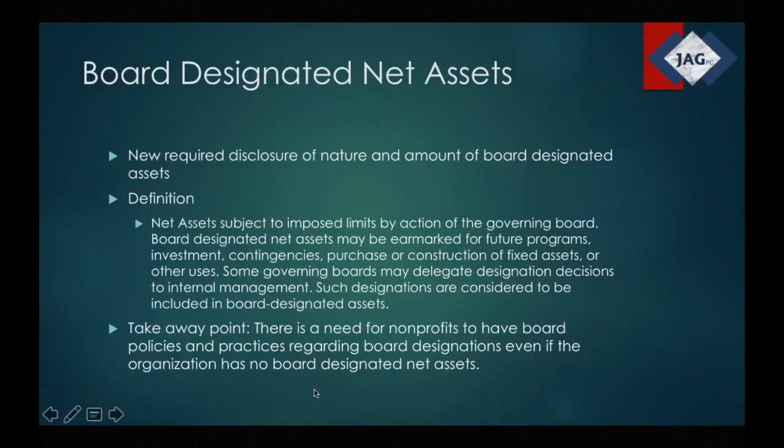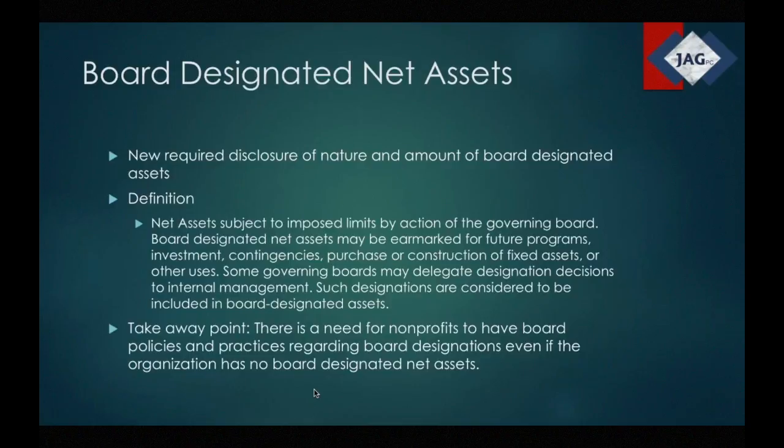The other part of the net assets that is going to be new is this board designated net assets. Now, I've worked with numerous organizations who actually have board designated net assets, but they didn't really show up anywhere. The board has said, we're going to put aside of our unrestricted balance, we want to designate $10,000 to a rainy day fund, or we want to earmark $20,000 of our net assets to a new program that we're starting.